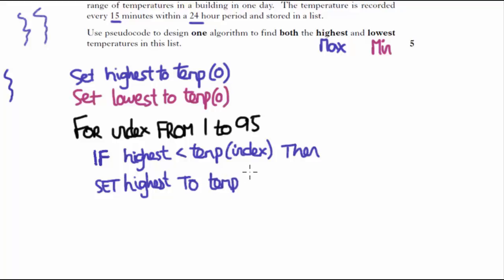Remember it's going through each element, and if it finds that a value at a certain index is bigger than what you currently thought the highest was, then take that value and save it to highest, and then end if. Probably better if I indented that.